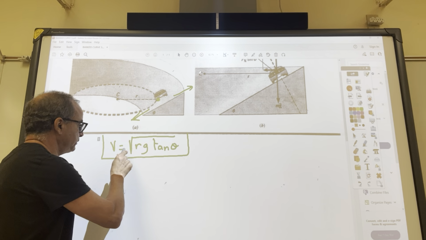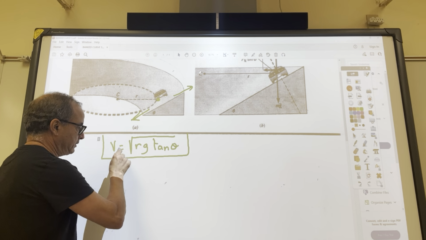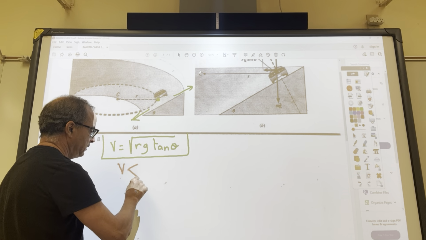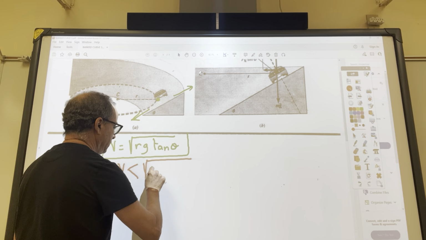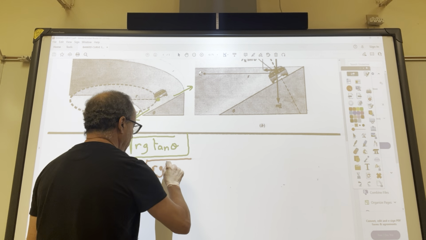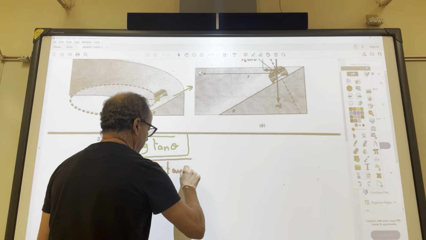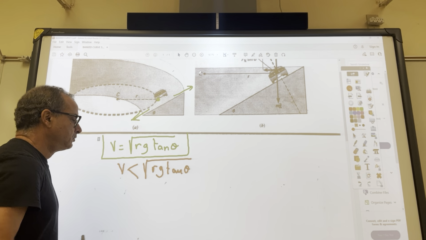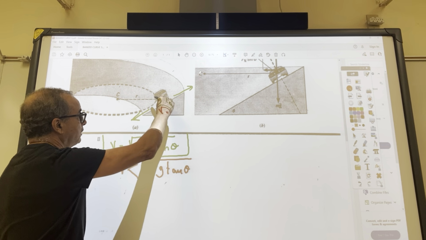if the velocity was less than the square root of Rg tangent of theta? In this case, it means that the car is going to slide down.